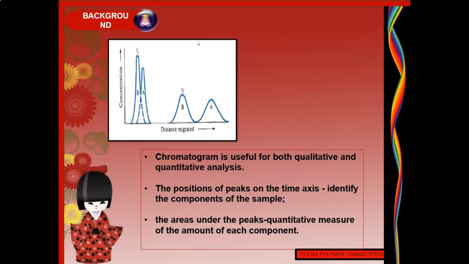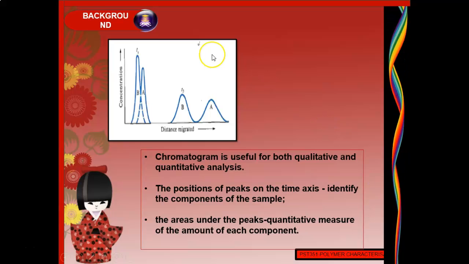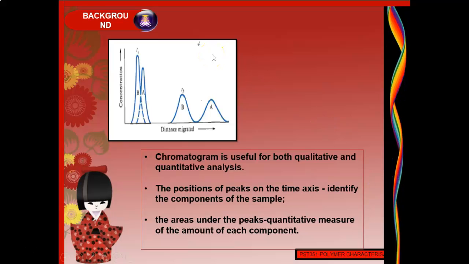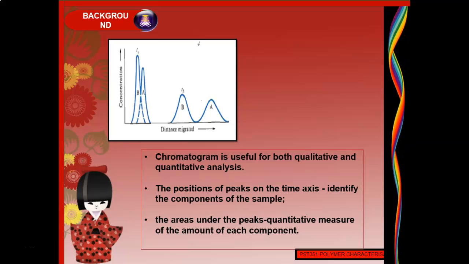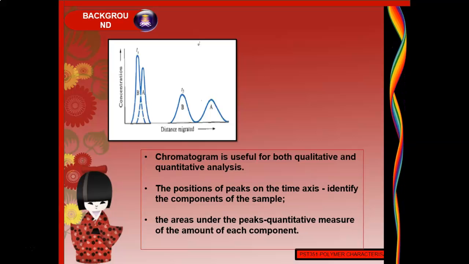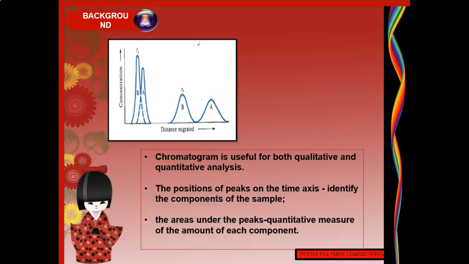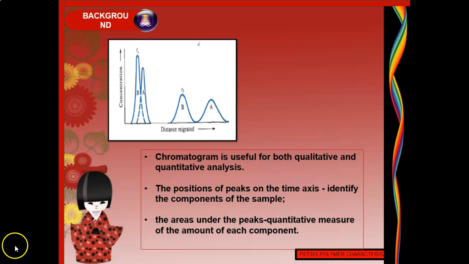So basically, the chromatogram peak will appear on the detector of the instrument such as HPLC, GC, and also on the size exclusion chromatography. So we can measure the migration rate of solute by determining the peak on the chromatogram.